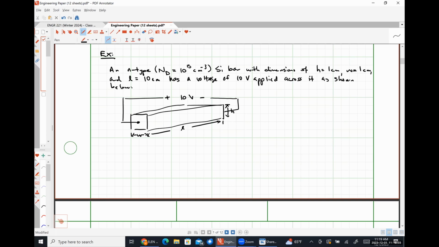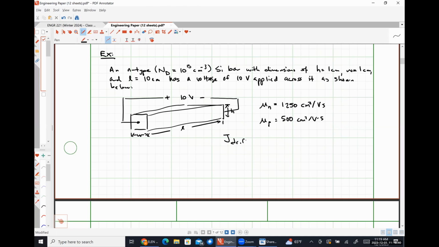If our electron mobility for this doped semiconductor material is 1,250 centimeters squared per volt second, and our hole mobility, actually I don't know why I said that, this should be mu N. Our hole mobility is 500 centimeters squared per volt second. Then I want us to find the total drift current flowing through the bar.